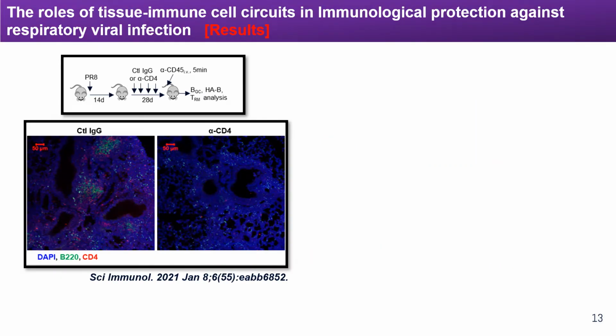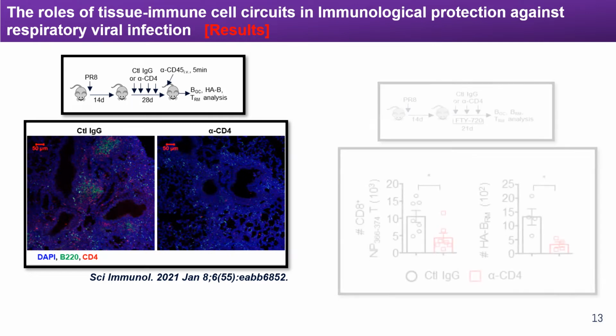To figure out the novel role of CD4 T cells, I depleted CD4 T cells after the effector stage. As you see in this imaging, the control group has a clear immune complex, iBALT, like an ectopic lymphoid structure in the lung, but I couldn't see any iBALT structure in the CD4 T cell depletion group.